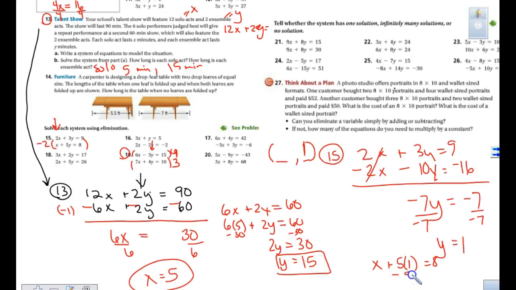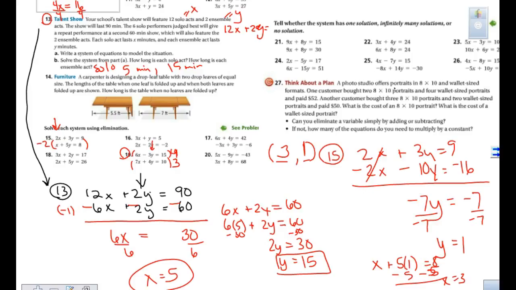I'm going to subtract 5, and x is 3. Okay. So I should have my solution of 3, 1. And if I check that in the first equation, 2 times 3 is 6, plus 3 times 1 is 3, so 6 plus 3, that equals 9, and it does check.